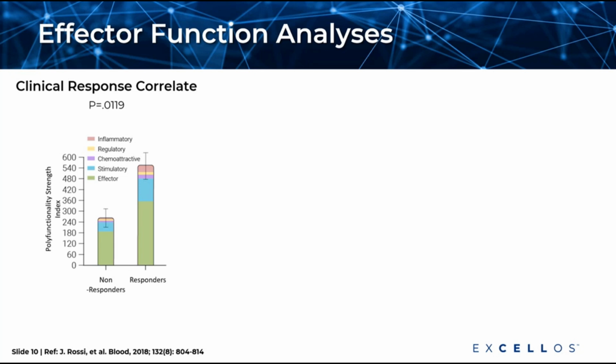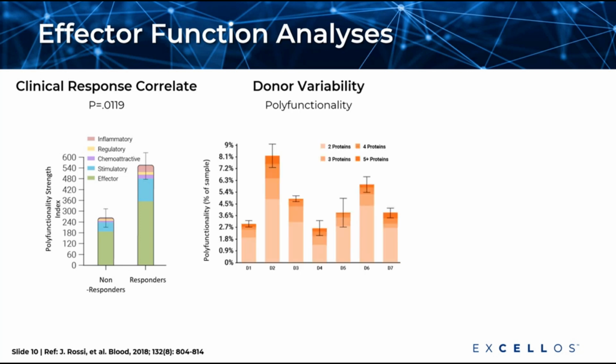It characterizes that single cell for having one, two or more different groups, such as inflammatory or effector function, and uses a proprietary algorithm to create this polyfunctional strength index score. In the clinic, as shown here in this literature report, we see that the higher polyfunctional strength index is correlated with more response of the patients to these cell therapy treatments.